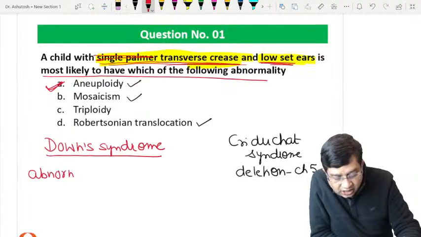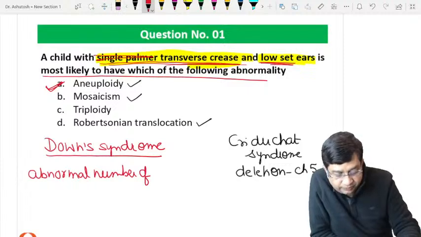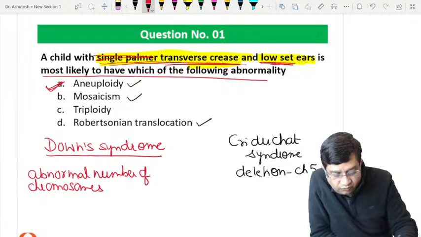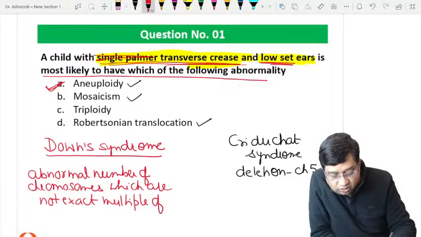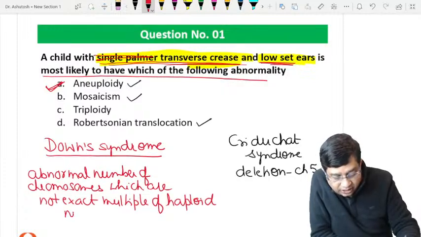Aneuploidy is the abnormal number of chromosomes, which are not exact multiple of the haploid number.